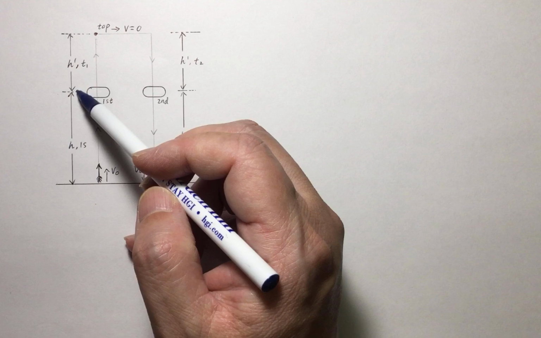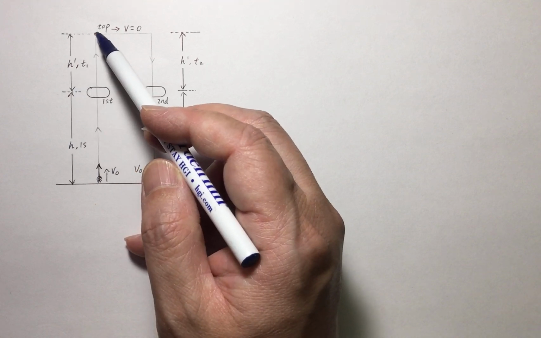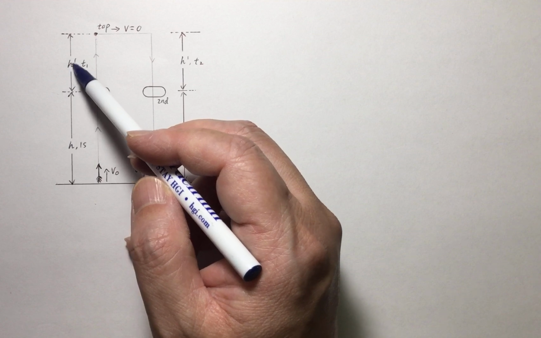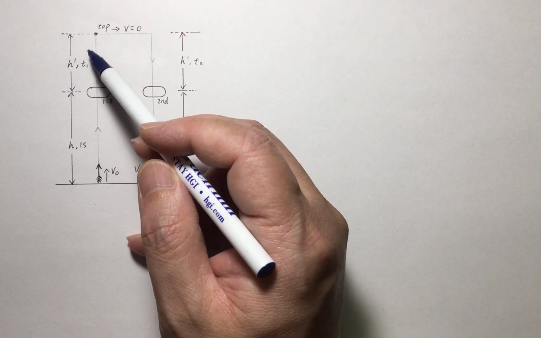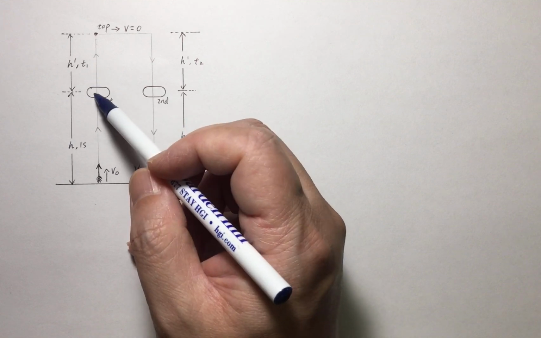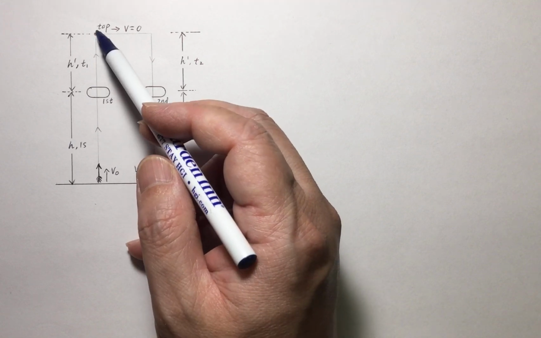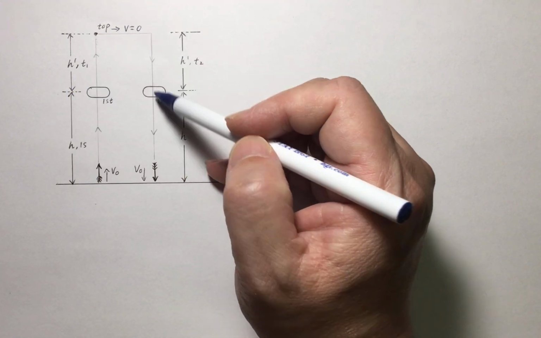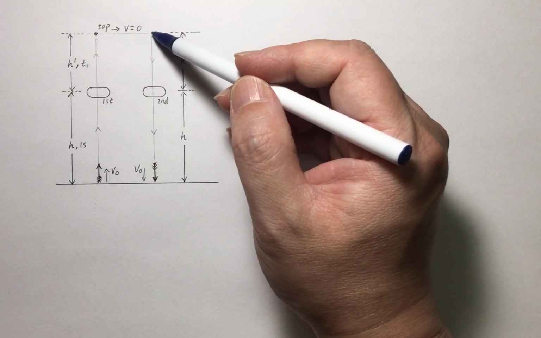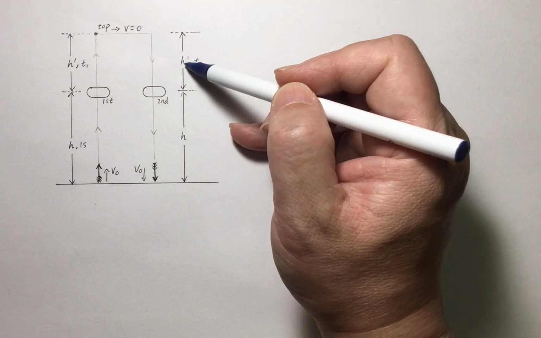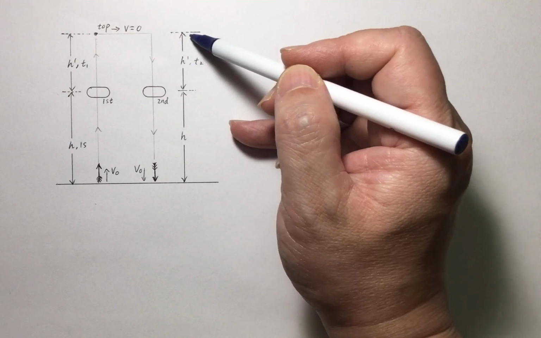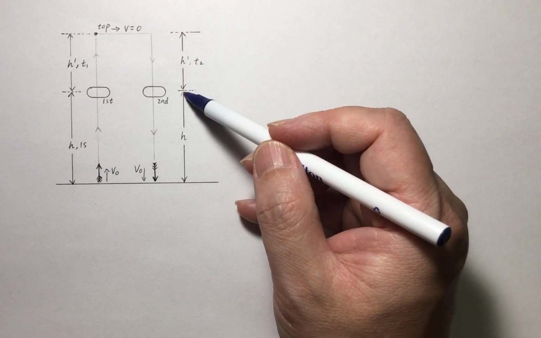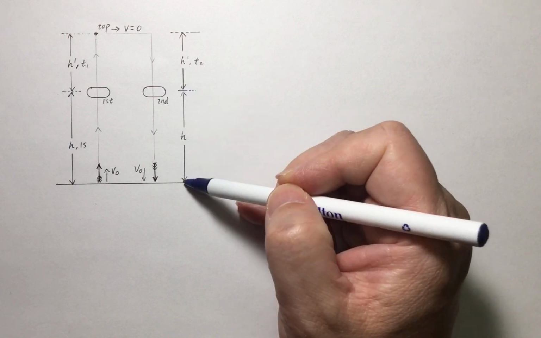From the first loop to the top point, we define the distance as h prime, and the time it takes for the arrow to go from the first loop to the top point will be t1. Then the arrow will fall down. So again, from the top point to the second loop, the distance is h prime, and the time it takes is t2. And of course, here is also h from the second loop to the ground.